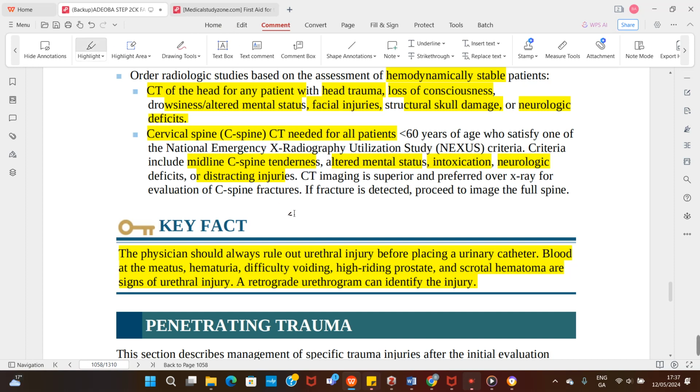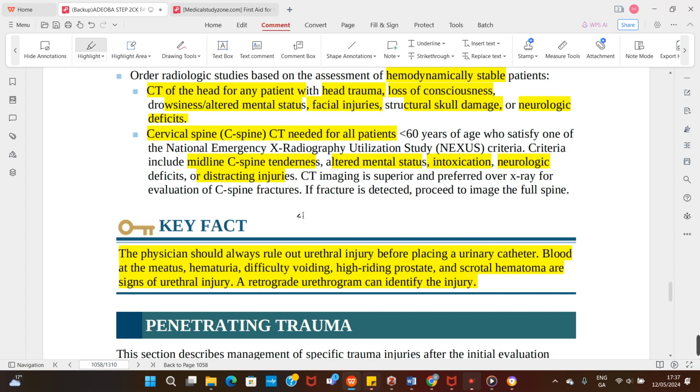You don't do it routinely in people that are more than 60 years, because it's not very sensitive in those people, so it's not reliable. But in any individual that is less than 60 years and has any of these, you must do your cervical spine CT. So NSAID is the acronym.